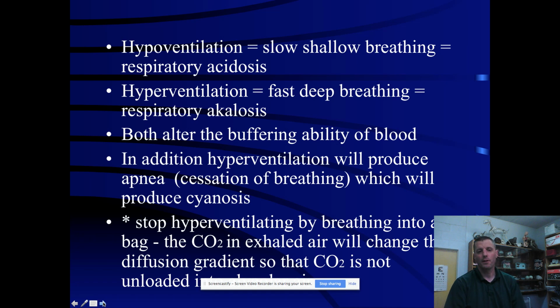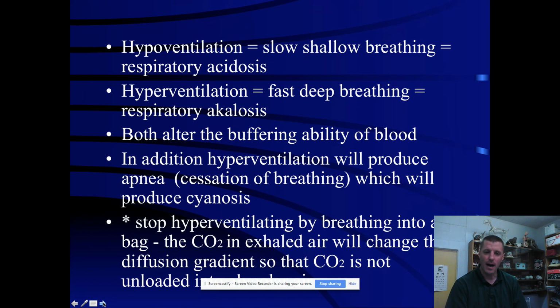Okay, I'll leave this on for a while. But hypoventilation means low ventilation. Really, you're not getting much air out of your lungs, and that can result in respiratory acidosis. Slow and shallow. Fast and deep.